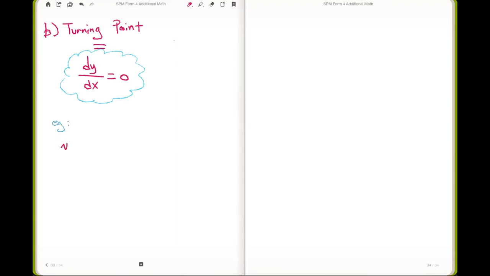So, say for example, you give me an equation, y equals 2x cubed minus 5x minus 3.